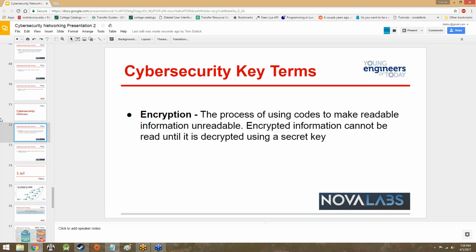Even PGP, which is referred to as Pretty Good Privacy, I believe. It's free, it's available online, and you can adapt it to your use, all that good stuff.